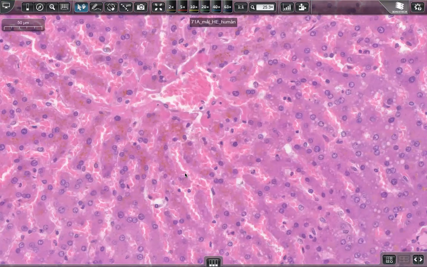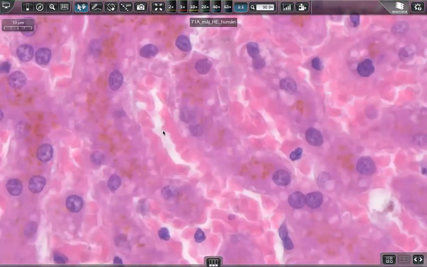So when we are looking at this area, the red blood cells are not just lying among the hepatocytes, because they are covered by proper vessels having endothelial cells, a specific endothelium. This is a fenestrated endothelium because of the filtration, because of the material transport through the vascular wall.